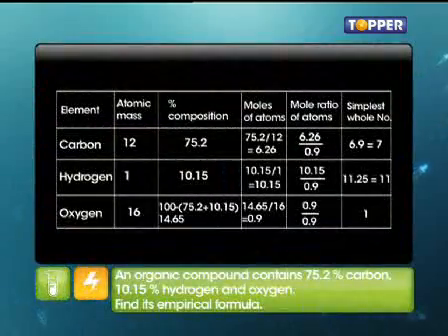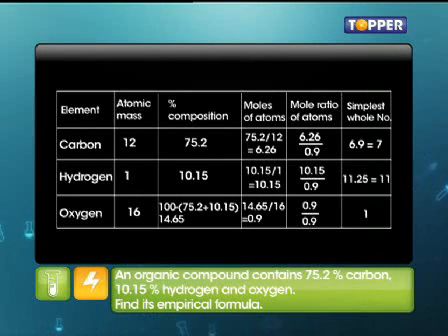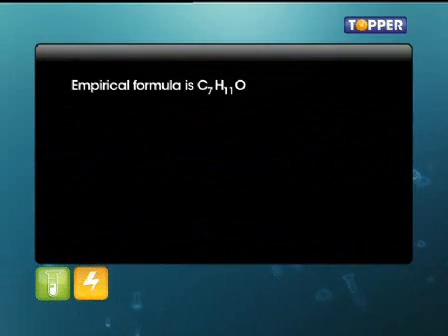This is how you must answer it. So, the empirical formula is... If you write all these steps as systematically as shown, there is no stopping you from scoring full marks.